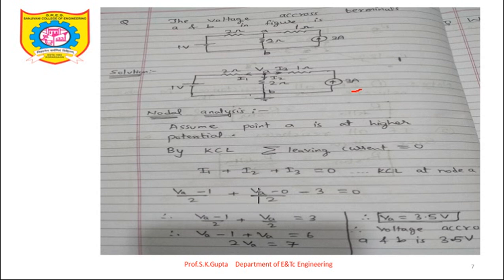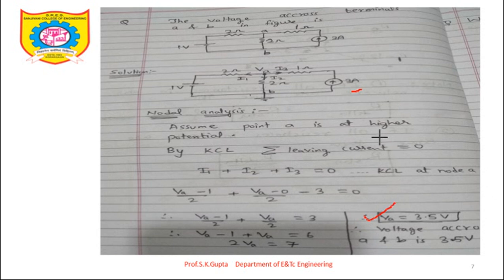So VA minus 1 plus VA equal to 3 into 2, which is 6. So 2 VA, and this 1 will go to the other side: 6 plus 1, 7. So the VA value is 3.5 volt. So the voltage across the A and B terminals is 3.5 volt.